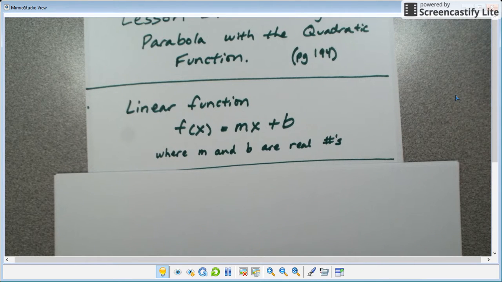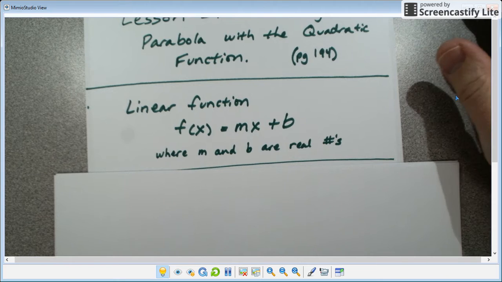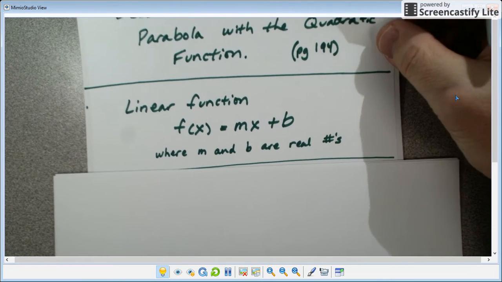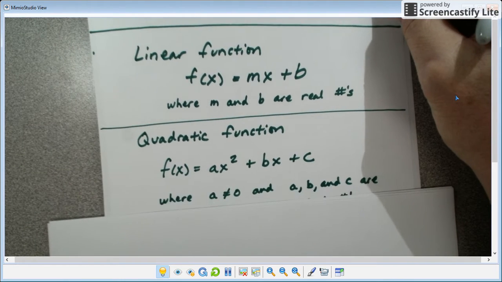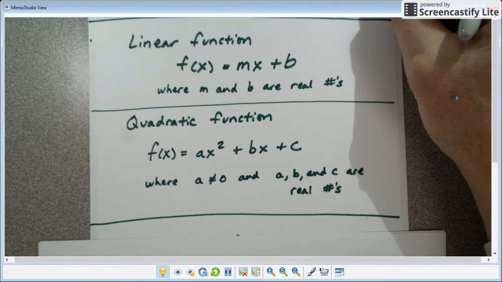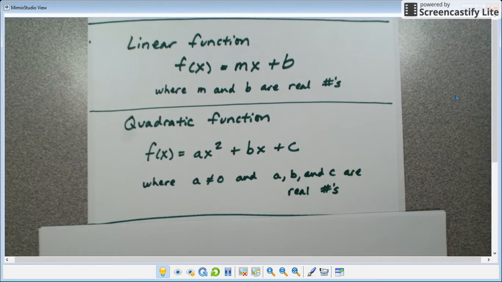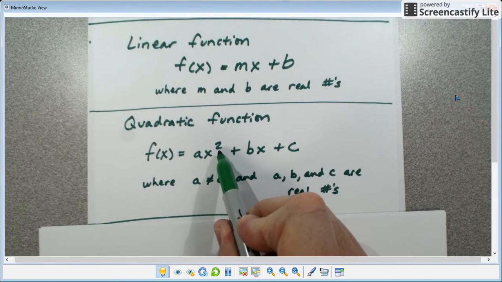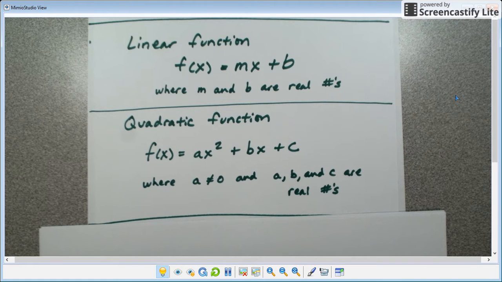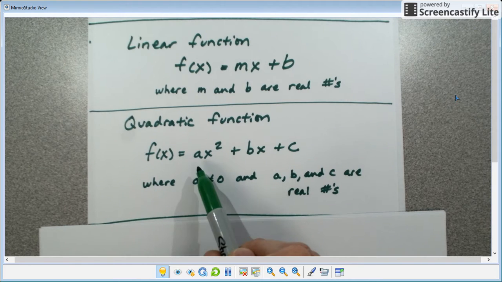But of course, we can manipulate our variable, and that comes with our exponents. So we can get them to a quadratic function. And in a quadratic function, you'll notice we now have a squared there by our x. So our quadratic function f of x equals ax squared plus bx plus c, where a is not equal to 0. So that means our x squared term is there.